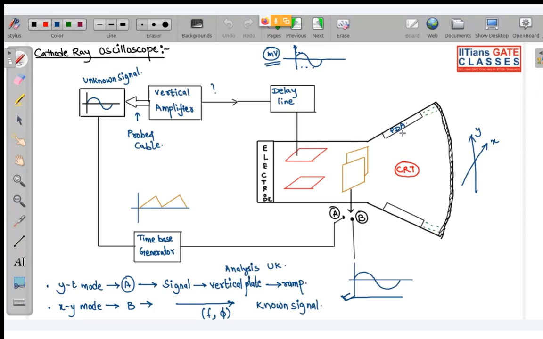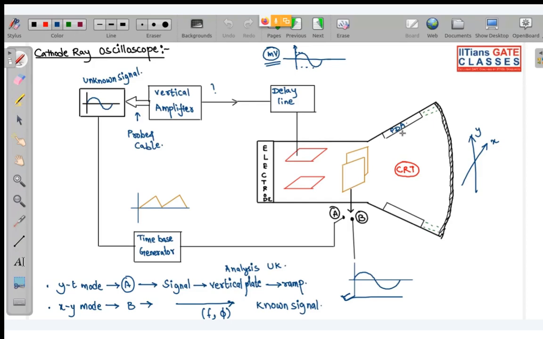Second point: CRO works on the principle of thermionic emission.